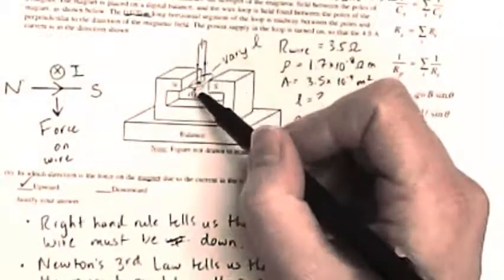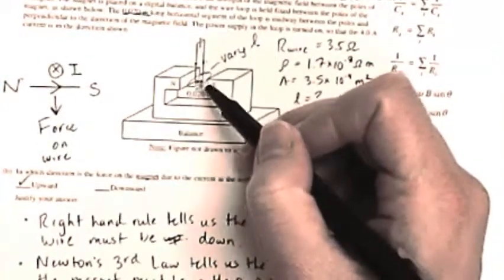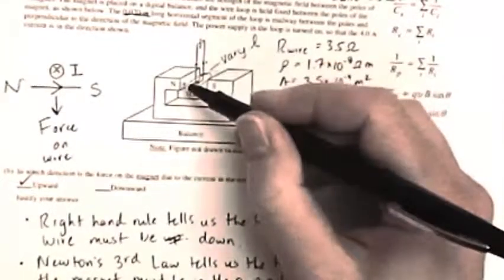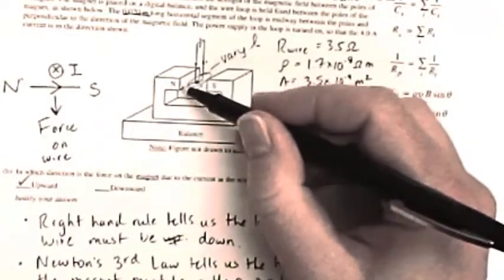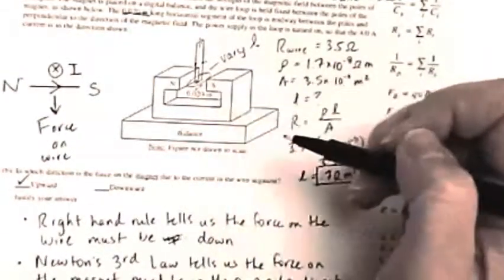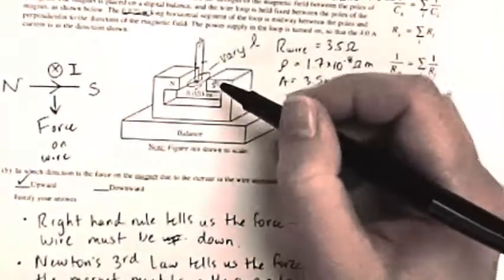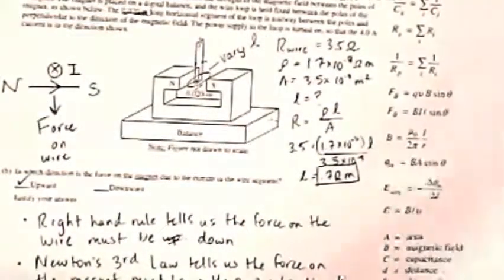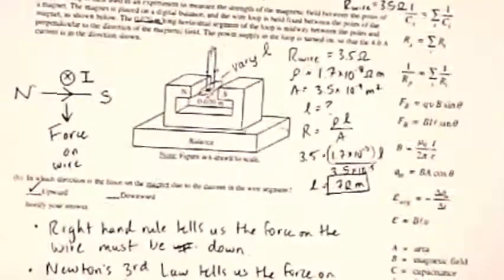What if you were trying to make a loop of wire and you couldn't make it into a perfect rectangle? Also, what if the magnetic field at the edges was not as strong as it was in the center? Both of those scenarios would decrease the force on the current carrying wire. And both of those are appropriate answers here.